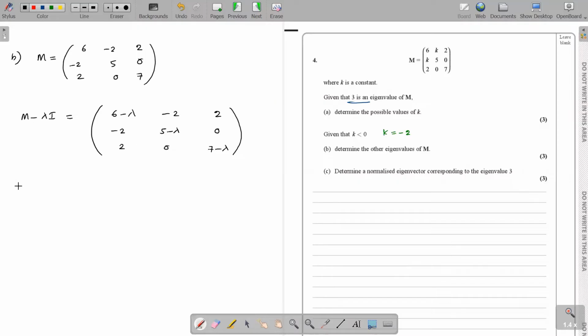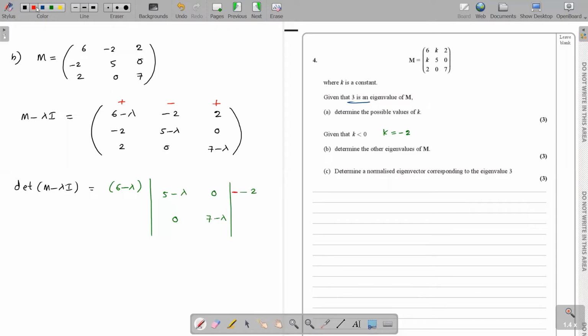Okay, so then let's get the determinant of M minus lambda I. Plus minus plus. So plus 6 minus lambda, remove the row and column: 5 minus lambda, 0, 0, 7 minus lambda. Minus minus 2, right?